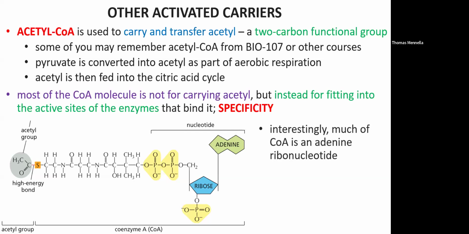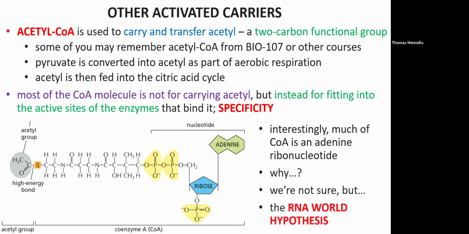Also, interestingly, as I've already pointed out, much of CoA is an adenine ribonucleotide. Basically looks almost like an A of RNA. Why is that? We're not really sure, but it gets back to this idea of an RNA world hypothesis. There's a lot of evidence, this being some of it, that the very first biomolecule, the first molecule that was catalytic and capable of transferring information and seeing to its own reproduction was RNA.